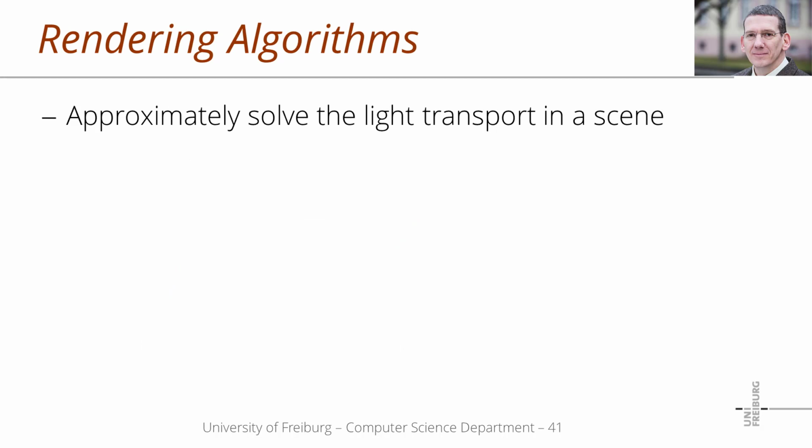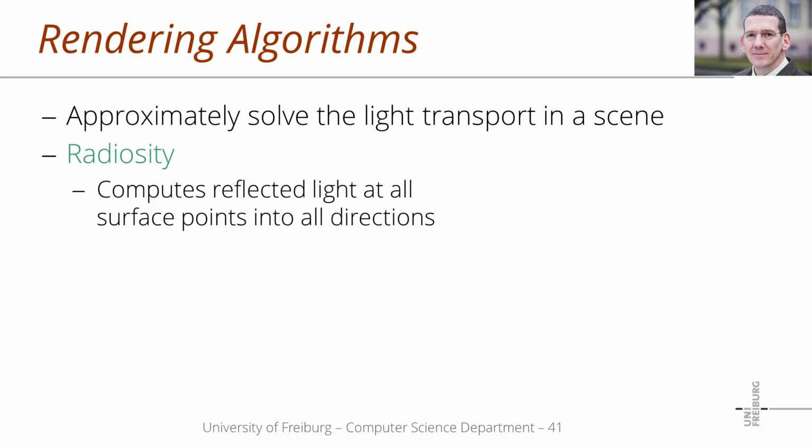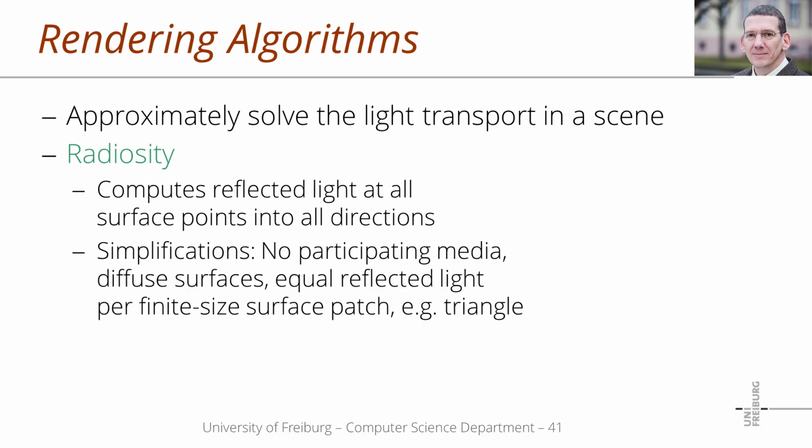So all rendering algorithms try to approximately solve the light transport in a scene. One approach that is very closely related to the concept that I've illustrated in the previous slides is radiosity. In radiosity, we actually compute reflected light at all surface points into all directions. This is typically a complex task, and the original radiosity formulation uses certain simplifications. For instance, there is no participating media in the scene, and the object material is restricted to diffuse or matte surfaces.